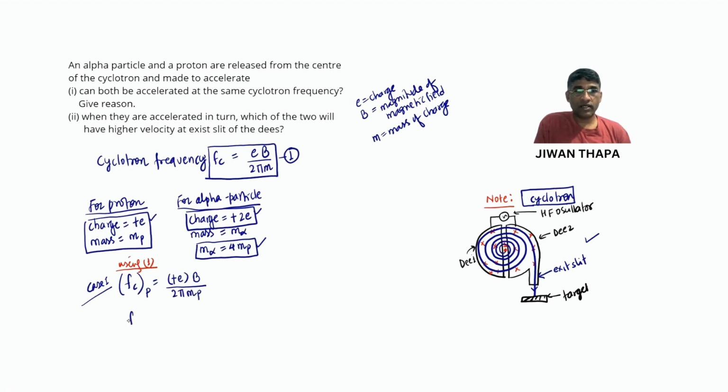So the cyclotron frequency for the proton equals eB by 2π mp. Let us call it equation 2.